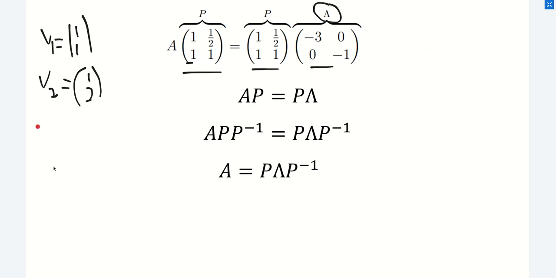So remember the eigenvalue, the lambda 1, we had -3. Then the lambda 2, we also had -1, right? So this is it. This is also the same thing because this is P over here.